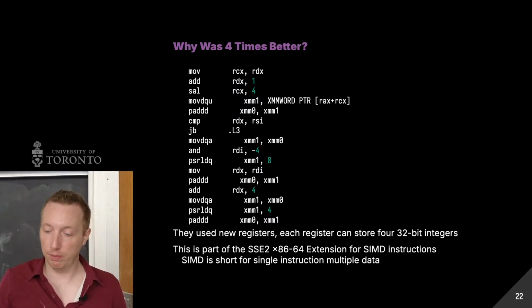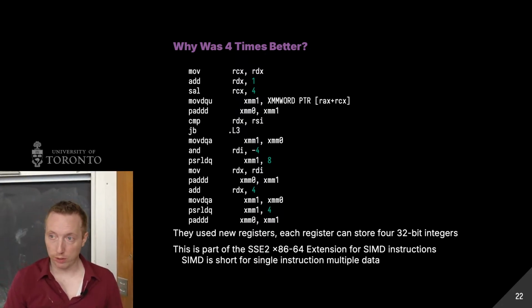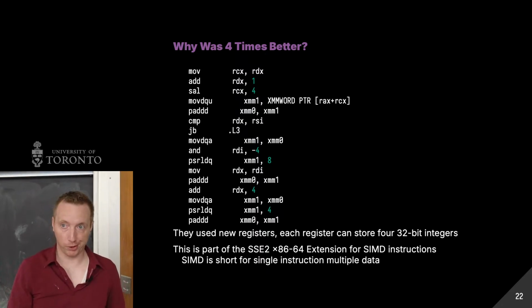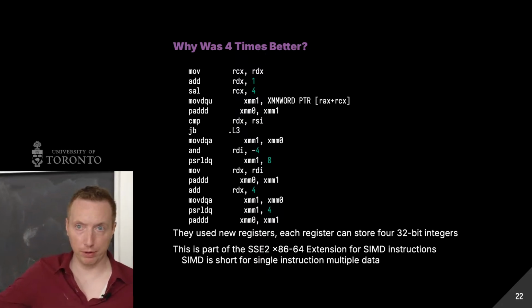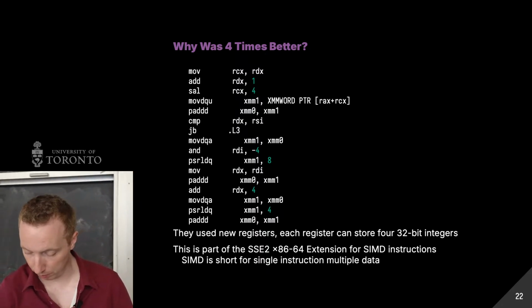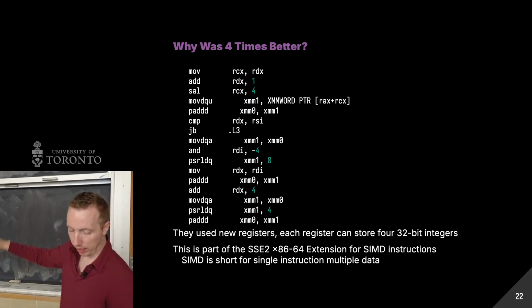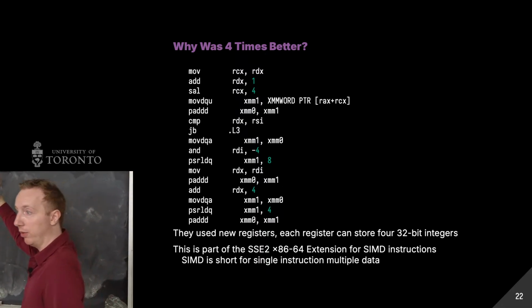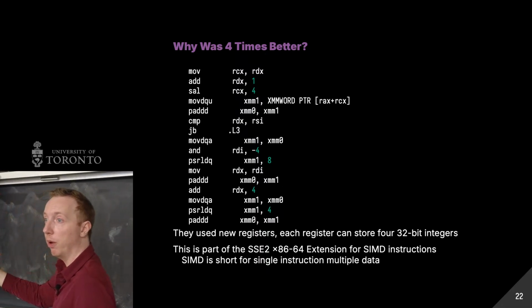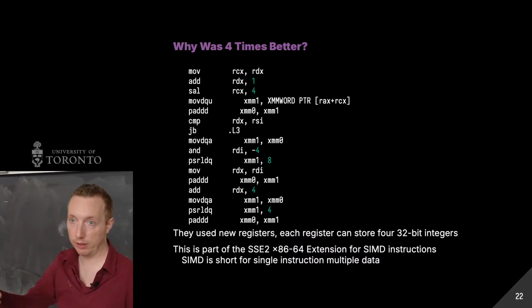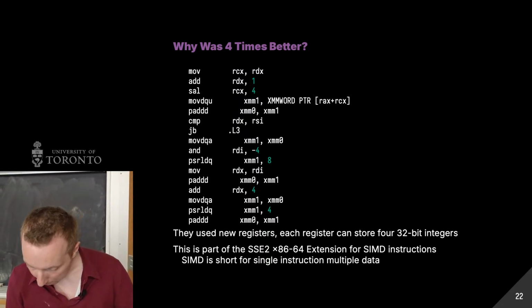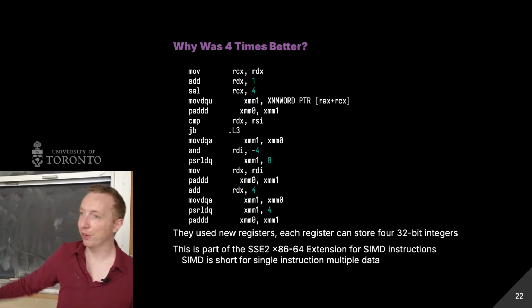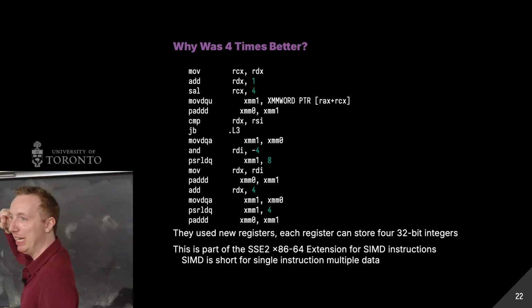That means it can fit 4 32-bit ints in it, or 2 doubles, or 4 floats, or whatever. And they have special instructions that will do the addition of all 4 in parallel.